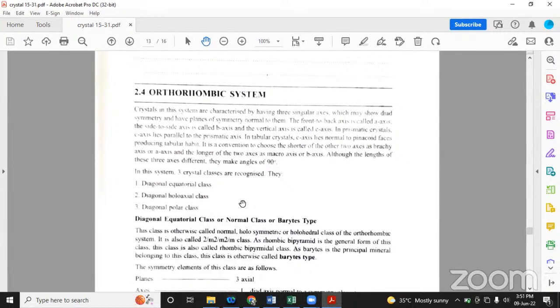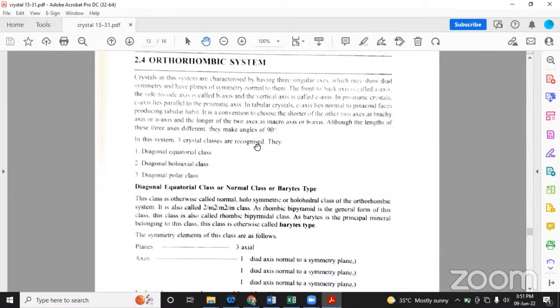There is a divergence of opinion regarding the relative length of the C axis. The length is different. Come to this: there are three symmetry classes in the system. The orthorhombic system follows three classes.